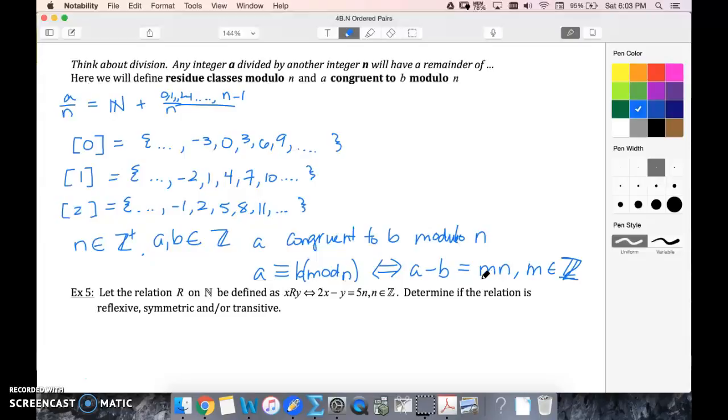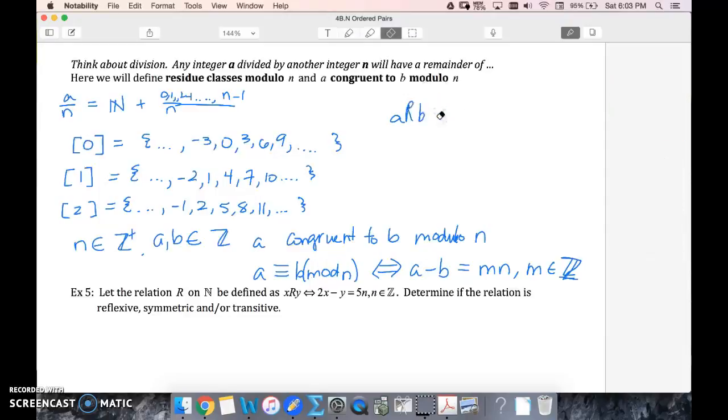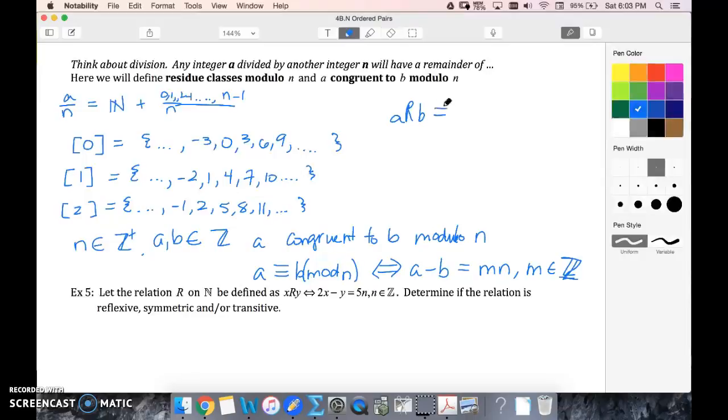And any relation, if we have a relation ARB, such that A is congruent to B mod n, then this is going to be an equivalence relation. So think back to what we just talked about, our definition of equivalence relation. Why is that going to be true?